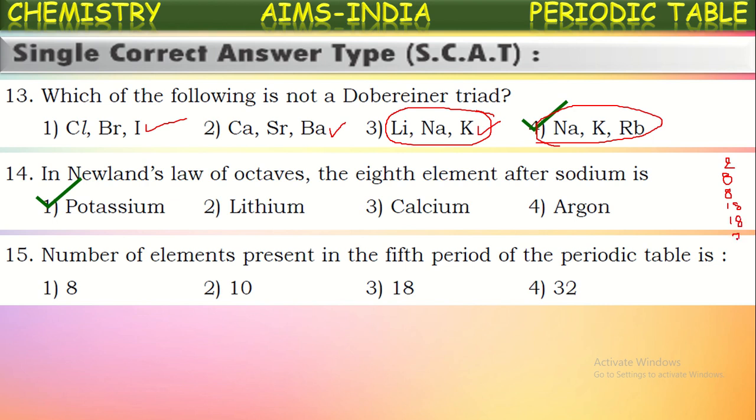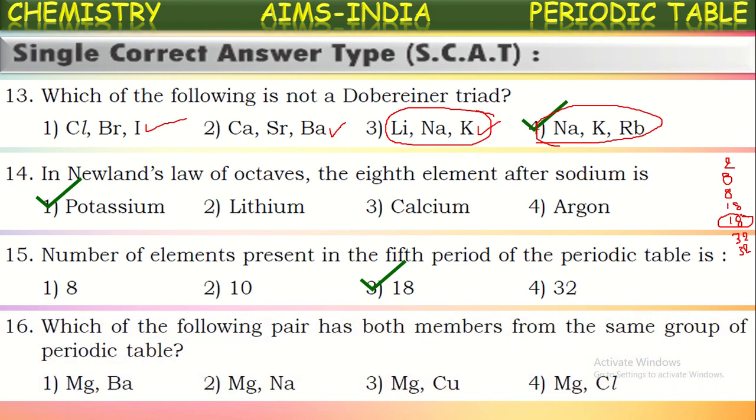Then sixth and seventh periods contain 32 elements each. Now they are asking about the fifth period. So the fourth and fifth periods both contain 18 elements each. So the fifth will also have 18 elements. That's why we say these fourth and fifth periods are long periods.